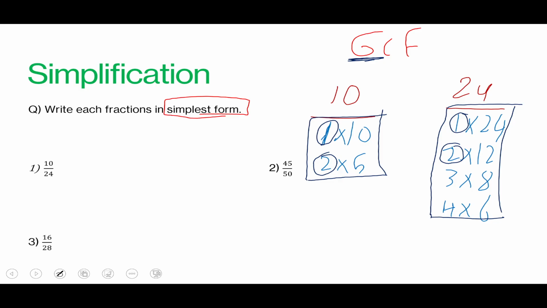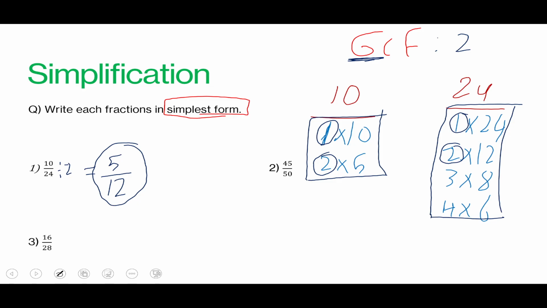Why? We need to make the fraction simpler. How can we make it simpler? By division. I will divide it by 2. GCF is 2. So divide the top number and the bottom number by 2. 10 divided by 2 is 5. 24 divided by 2 is 12. So 5 over 12 is the simplest form.